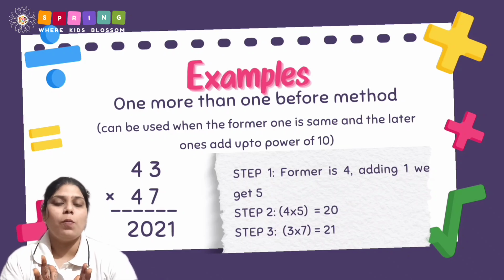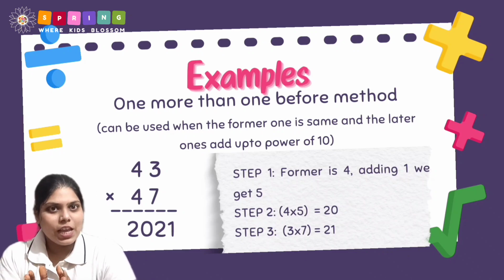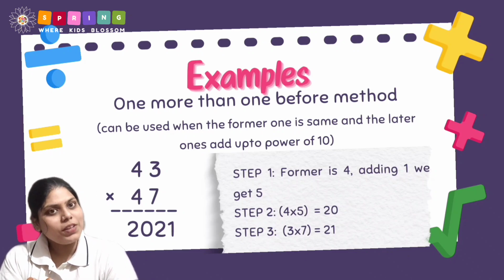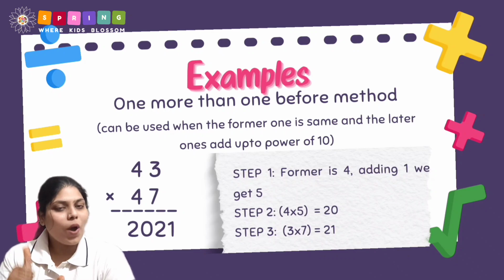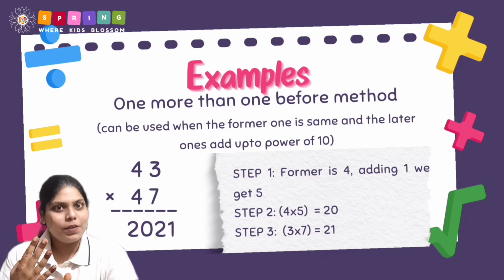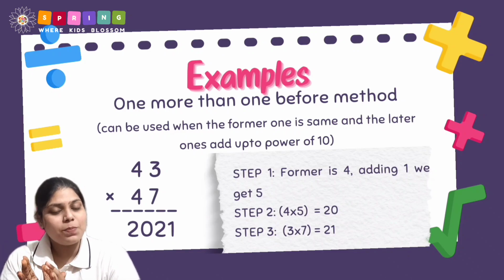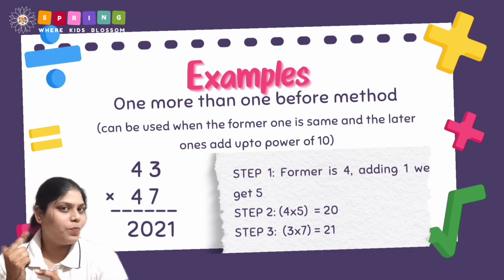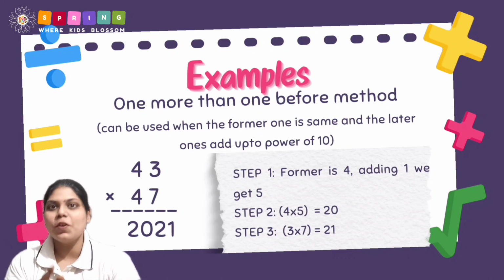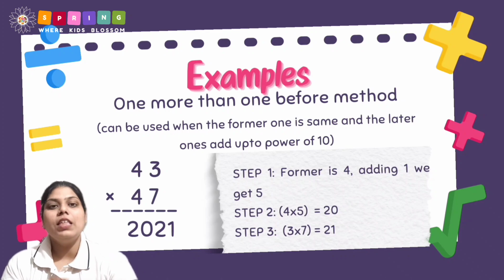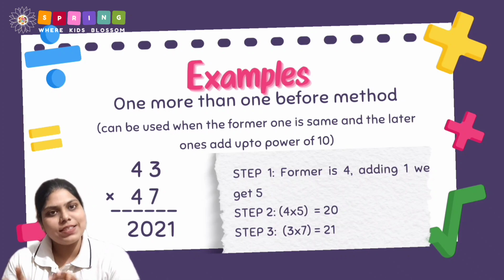Now to solve this problem, in the first step, we will take the former number, that is 4, and we will add 1 to it. So 4 plus 1 is 5. We will multiply 4, which was the previous number, with 5. So 4 into 5 becomes 20. Now moving on to the next step.